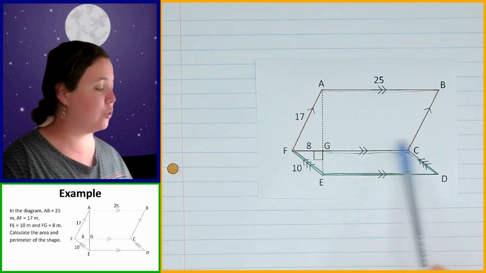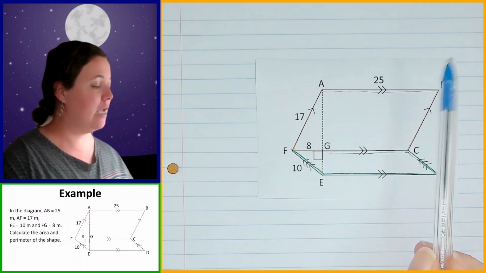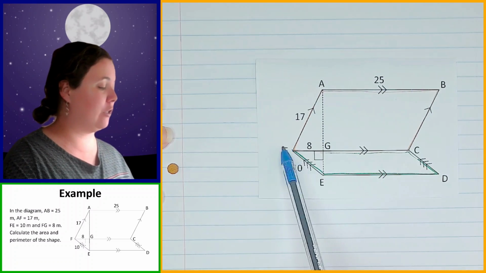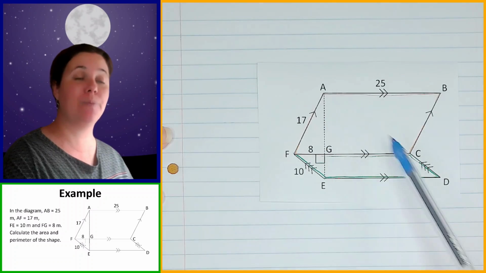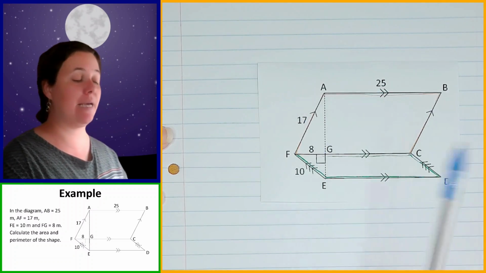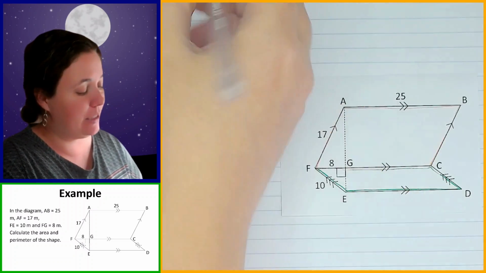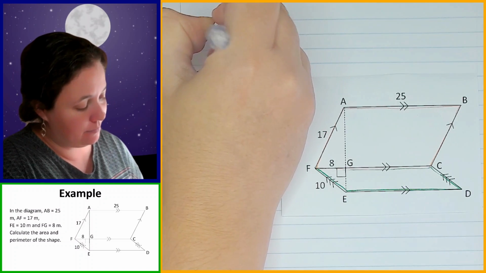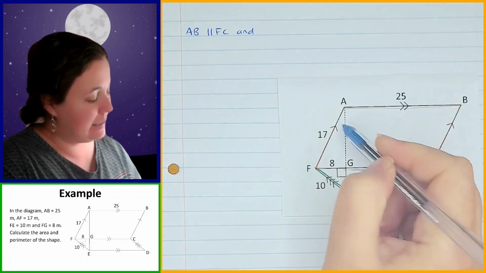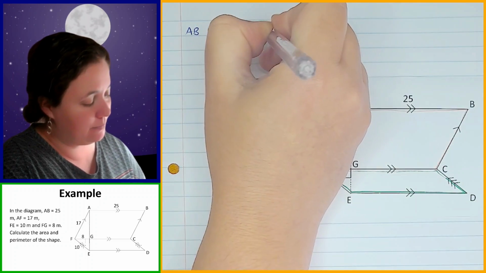Okay. So first I need to identify what these 2 quadrilaterals are. So this orange one over here, ABCF, they've told me that AB is parallel to FC and AF is parallel to BC. That means that because I have 2 pairs of opposite sides parallel, this must be a parallelogram. So I can say AB is parallel to FC and AF is parallel to BC.